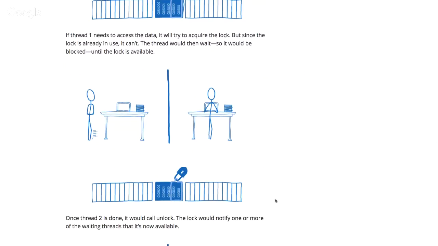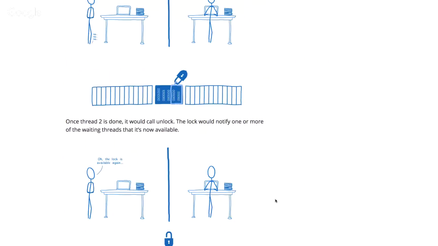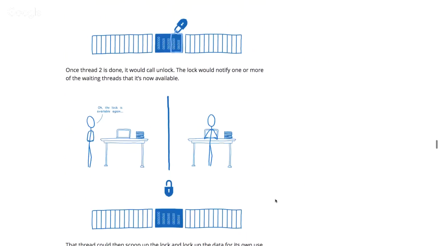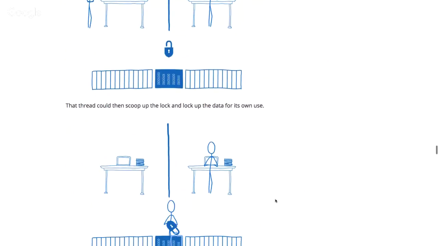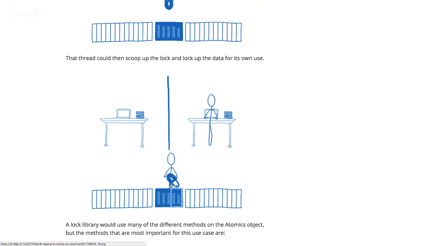Okay. So as soon as thread 2 unlocks it, the unlocking mechanism will notify all the threads that are waiting for that data. So the thread could then scoop up the lock and lock up the data for its own use. Yeah, then in this case, thread 1 is going and locking the data, and it will use it for its own use.